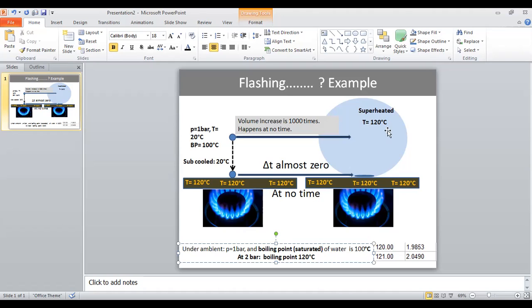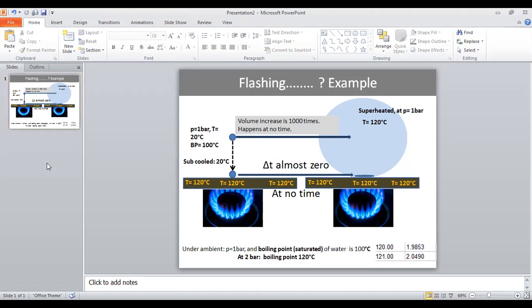So superheated at 1 bar, 1 atmospheric, that is the best. At P equals 1 bar, let's say. I believe you have some good understanding of this.